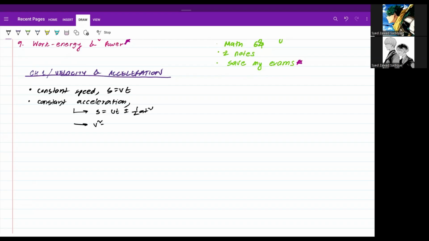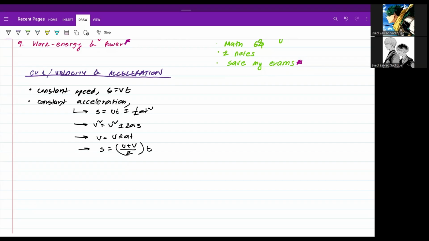V square is equal to U square plus minus 2AS. V is equal to U plus minus AT. And S is equal to U plus V by 2 times T. So these are the ones.